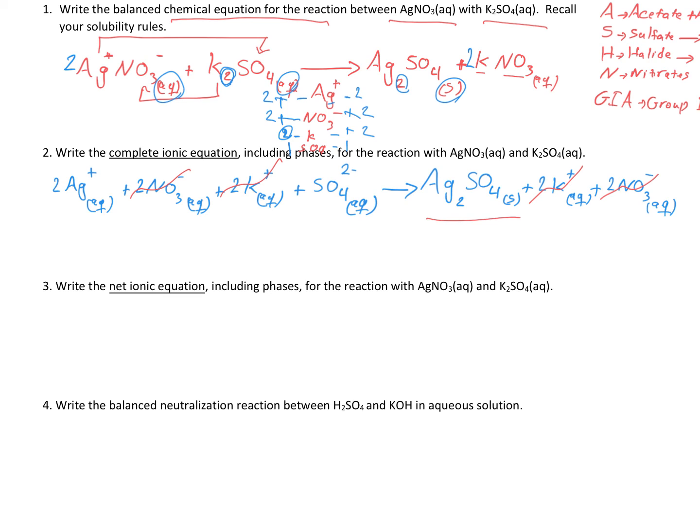So what's left is the net ionic equation: 2Ag+ (aq) plus sulfate, SO4 2- (aq), will make Ag2SO4 (s). That's the net ionic equation.